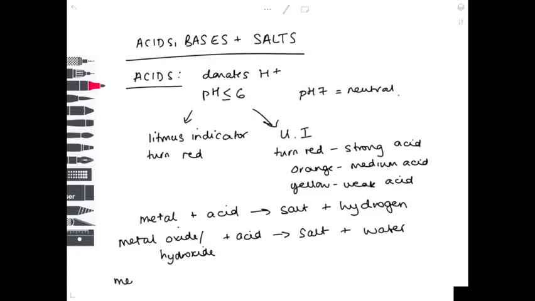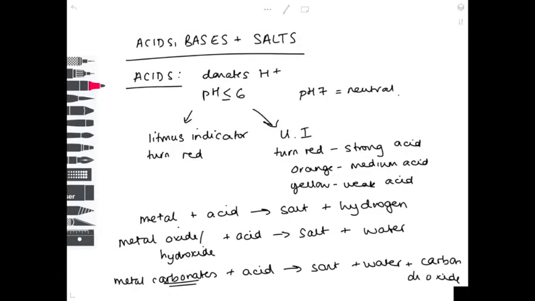And then lastly, metal carbonates plus acids form a salt plus water, and the carbonate indicates that you'll produce carbon dioxide. The last indicator I meant to mention, which I probably should have further up, is to notice methyl orange handily also turns red in the presence of acid.